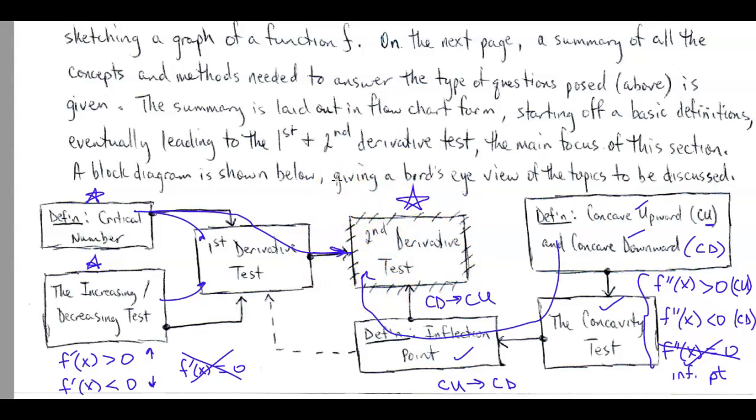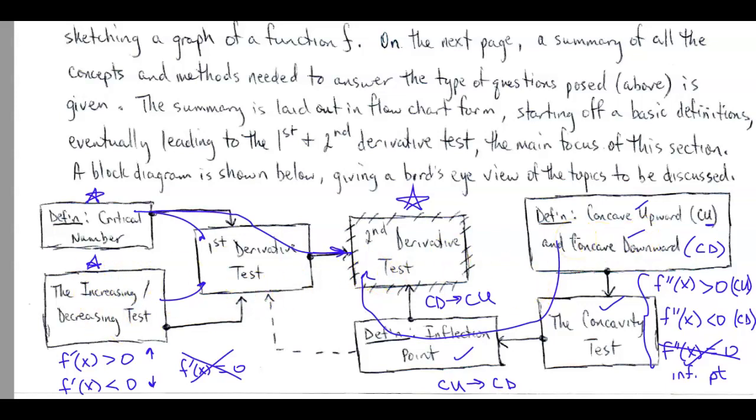And again, this test is just having us use a critical value and information about our second derivative to be able to tell whether we have a relative maximum or a relative minimum at a particular x value, okay? All right, so next what we are going to do is I'm going to zoom in on this 30,000 foot view, and we're going to talk about the details of each of these blocks.